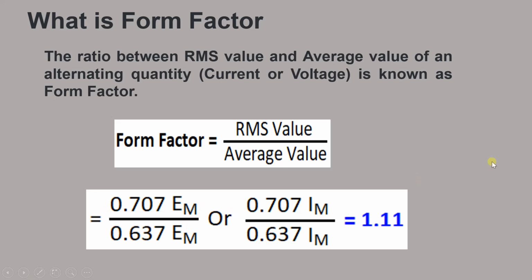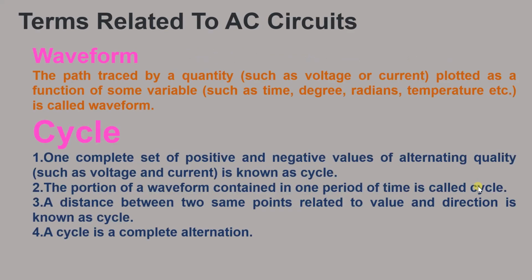So it is written as 0.707 Em upon 0.637 Em, or in terms of current, 0.707 Im upon 0.637 Im, and its value is 1.11. So form factor is equal to 1.11 in terms of voltage or current.